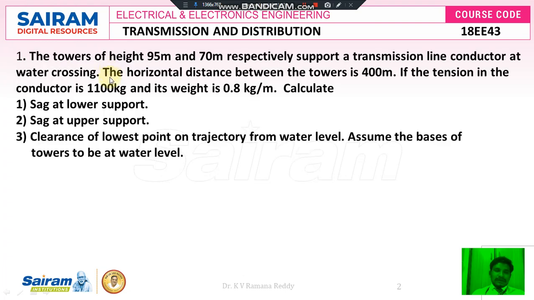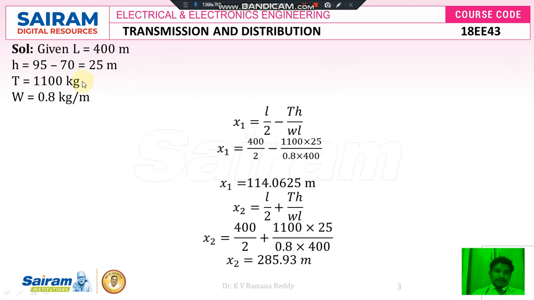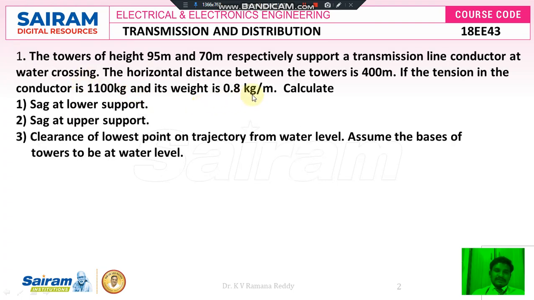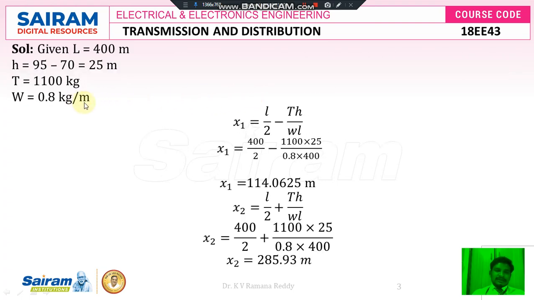Tension on the conductor is 1100 kg and weight of the conductor is 0.8 kg per meter. Here we have to find the two sags. One is sag S1 with respect to tower A, and one is sag S2 with respect to tower B. Instead of S1 and S2 we can also write X1 and X2.